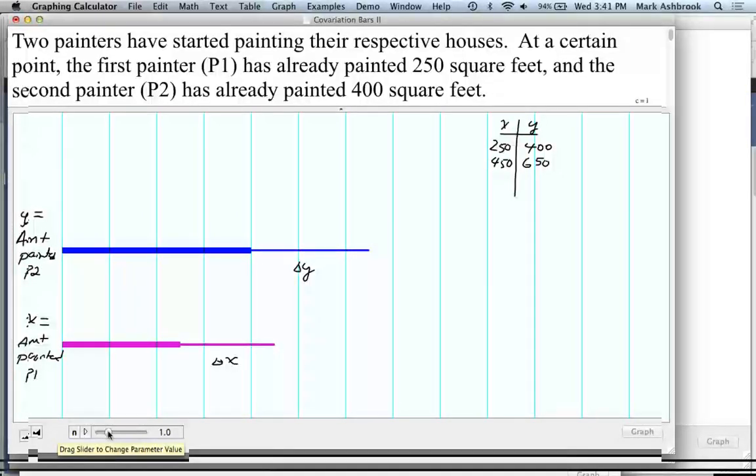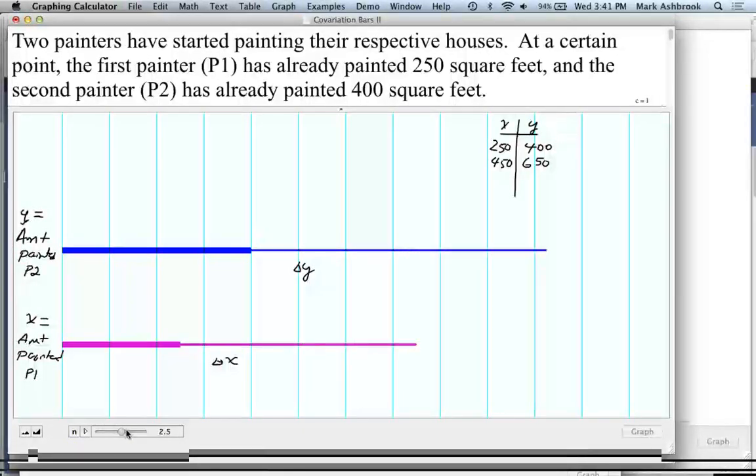So now painter 1 is going to paint 300 more square feet. Okay? Ready? Oh, I almost totally nailed it the first try. Did I get it right? Yes. Okay. So now we're asking about comparing the changes. Let's write some numbers on here.